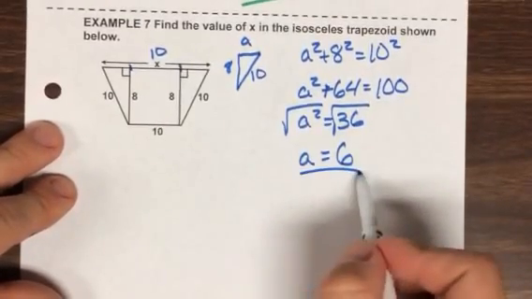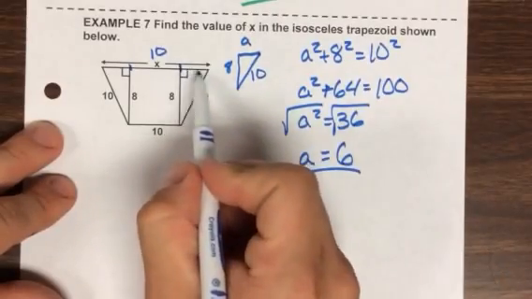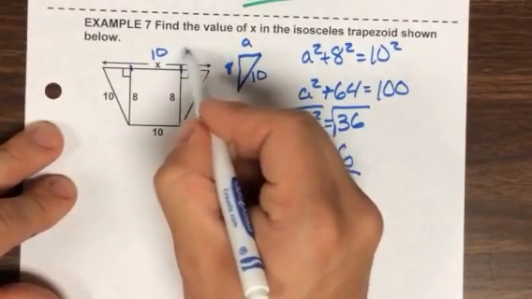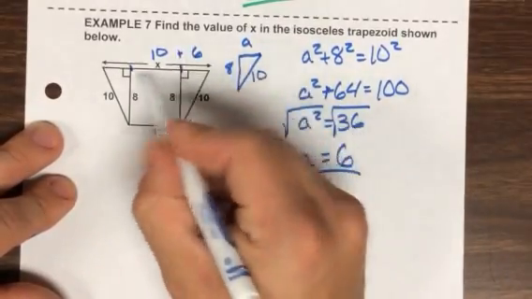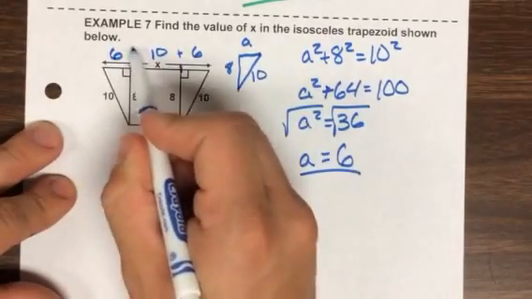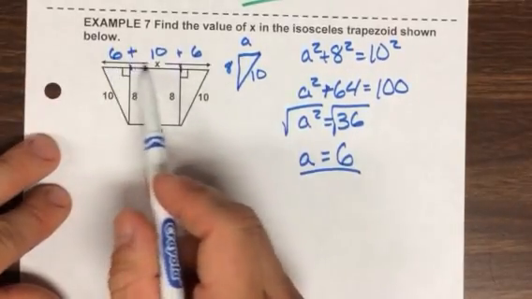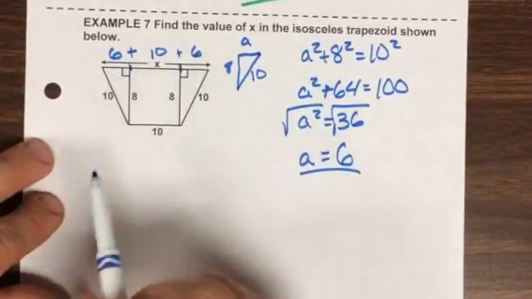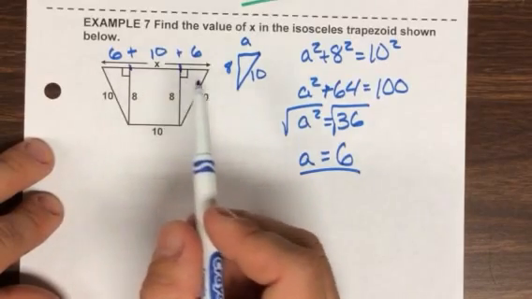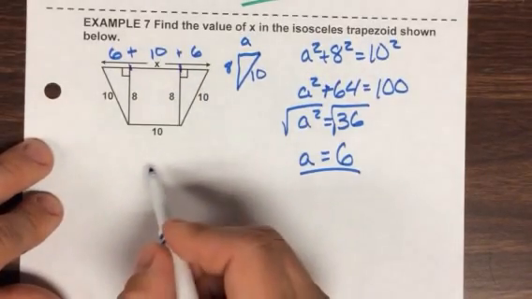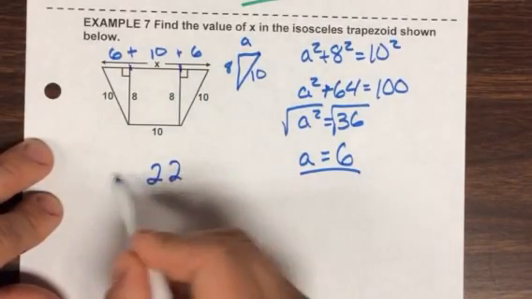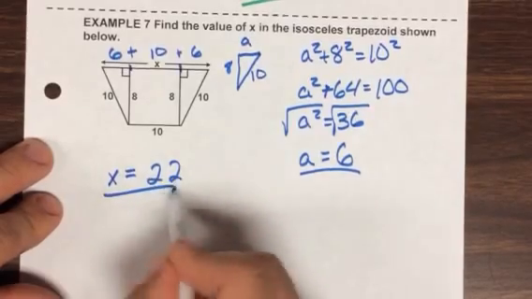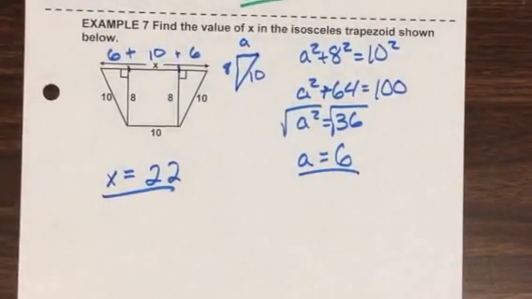A does equal 6, but A is just this one piece right here, so I'm going to add 6 to that 10 to find the length, and I'm going to have to add 6 to that 10 again in order to find the entire distance across. So 6 plus 10 is 16, plus 6 is 22. X would be 22, and that would be my answer.